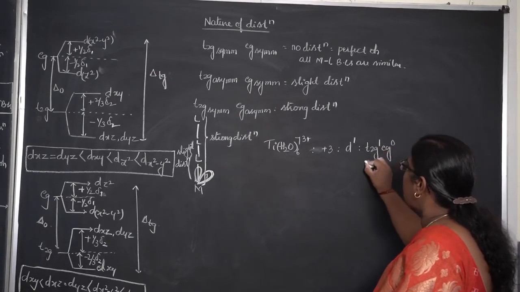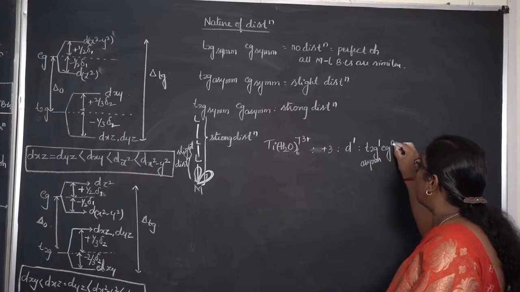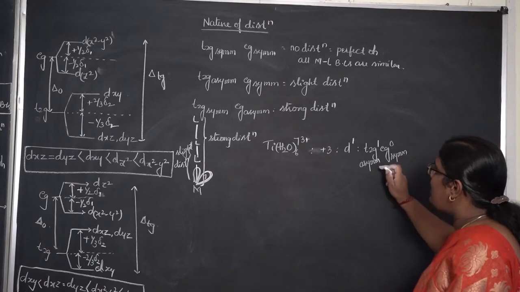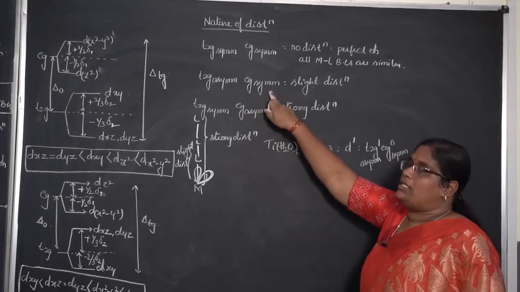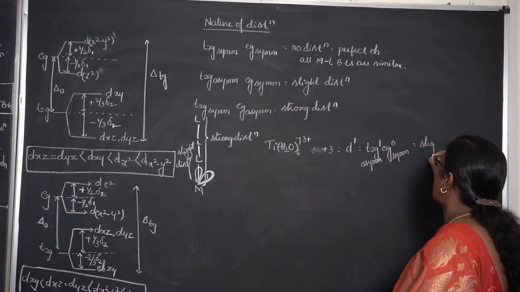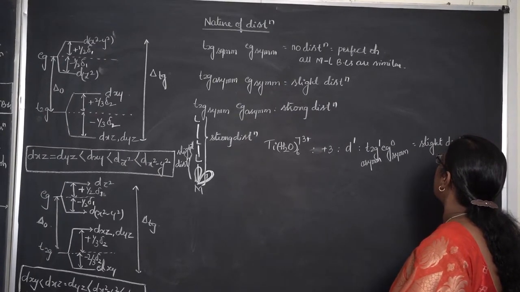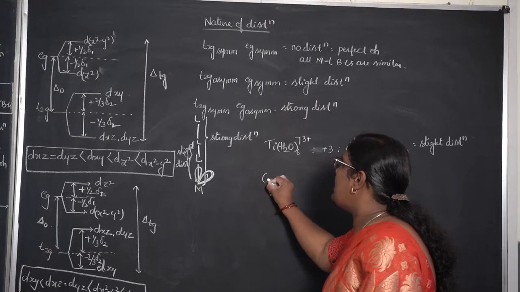So here T2G is asymmetric, EG is a vacant orbital, so EG is symmetric. So which condition is applicable for us? T2G asymmetric, EG symmetric. So we get slight distortion. Slight distortion is observed.